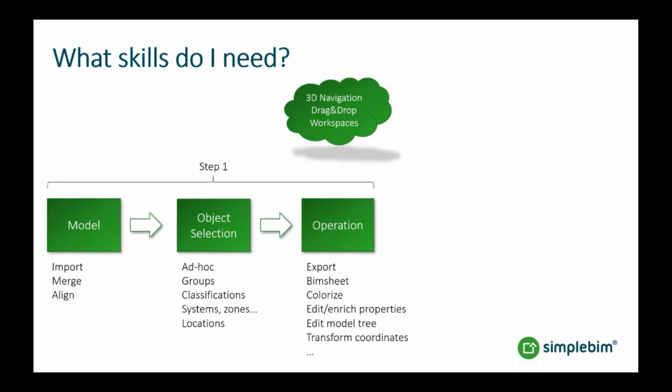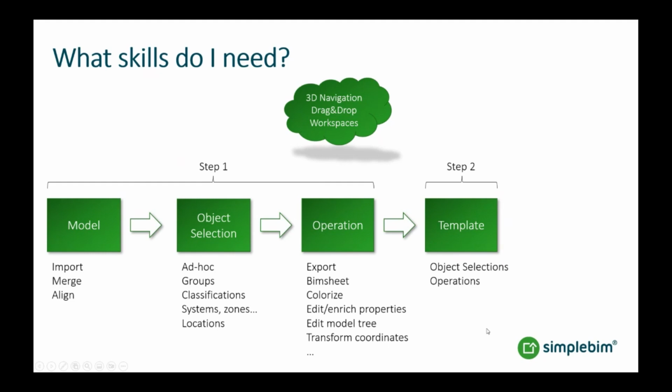It's like industry standard now. How to use drag and drop, and how to use workspaces, and so on. So how to use the Simplebim user interface. When you know how to use the user interface, then you can do things manually. So you are on step 1.